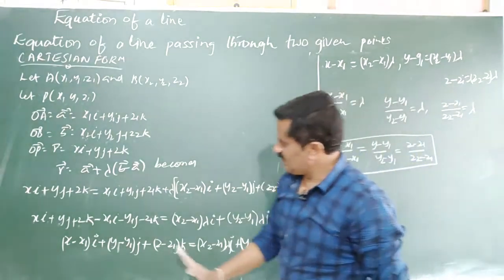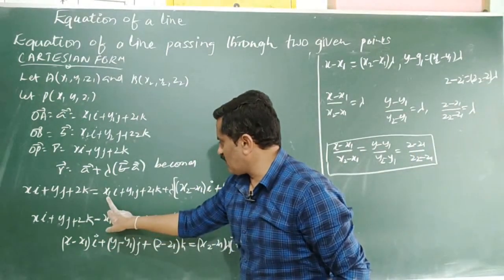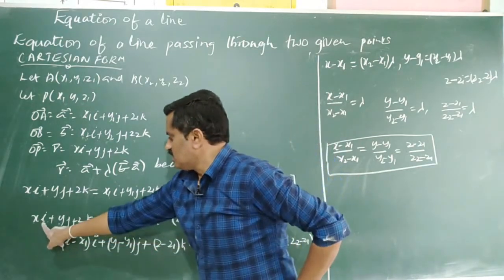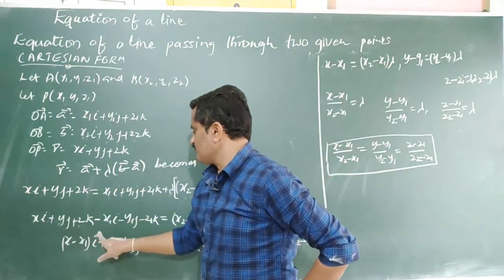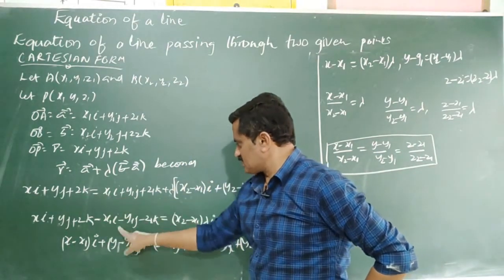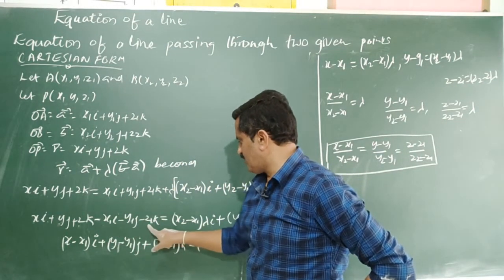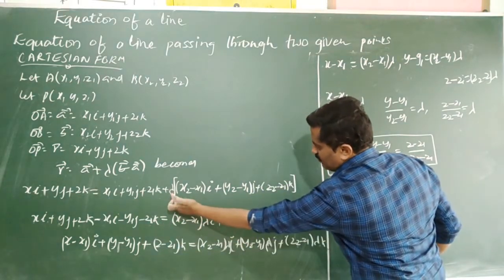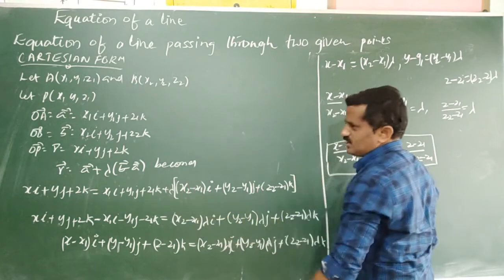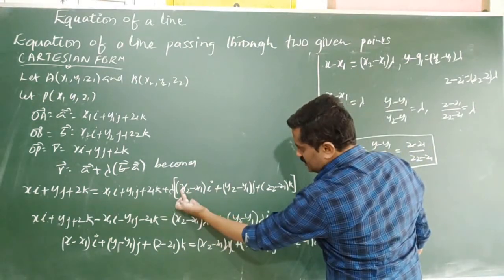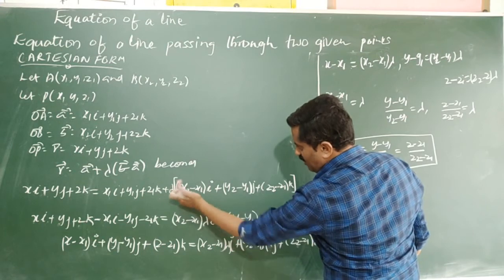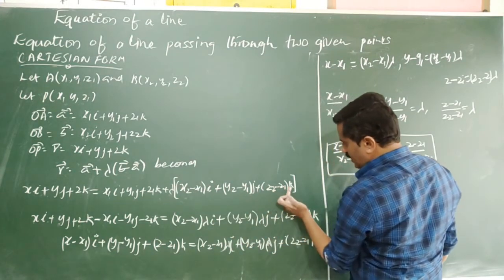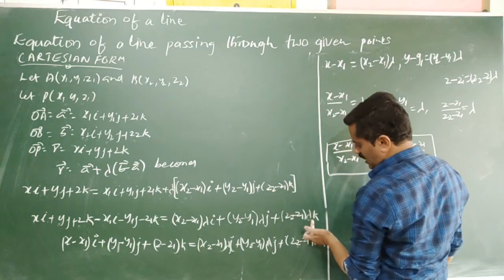Now bring this x1 i plus y1 j plus z1 k to the LHS. Therefore we have x i plus y j plus z k minus x1 i minus y1 j minus z1 k is equal to lambda, just multiplying lambda to each term. So lambda, that is x2 minus x1 of lambda into i, y2 minus y1 of lambda into j, z2 minus z1 of lambda into k are written here.